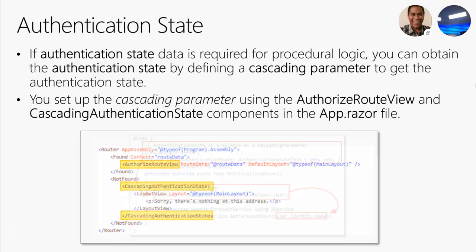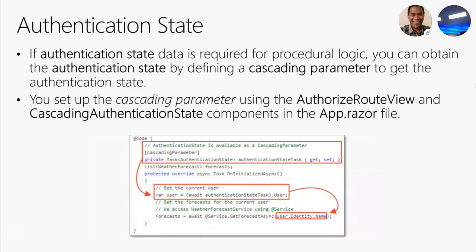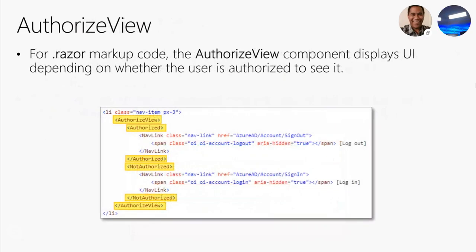This allows you to get access to the authentication state in procedural code using the cascading parameter that you see here. So as you see here at the top, I put in the cascading parameter. In the middle there, I'm able to then determine who the user is. And then once I know who that user is, I can then, of course, pass that user along to, for example, this method says only get the forecast for the currently logged in user.